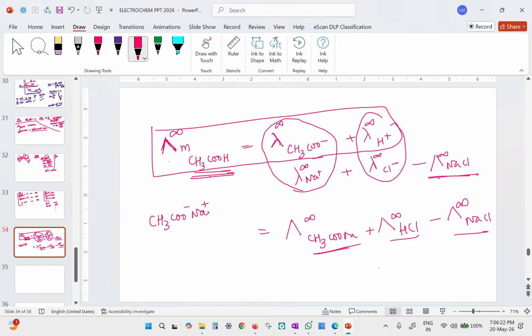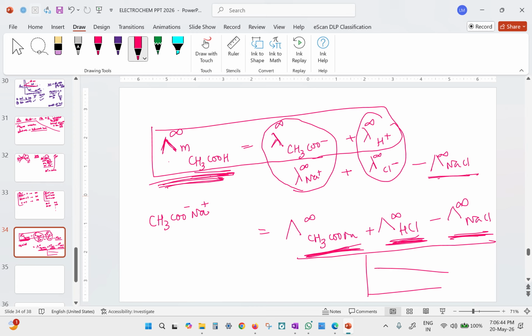So, can their molar conductivity values not be obtained by extrapolation of the line on the graph? Yes, ma'am. This is a strong electrolyte, this is a strong electrolyte, this is also strong. But when you add all the three, are you not getting the limiting molar conductivity of a weak electrolyte?